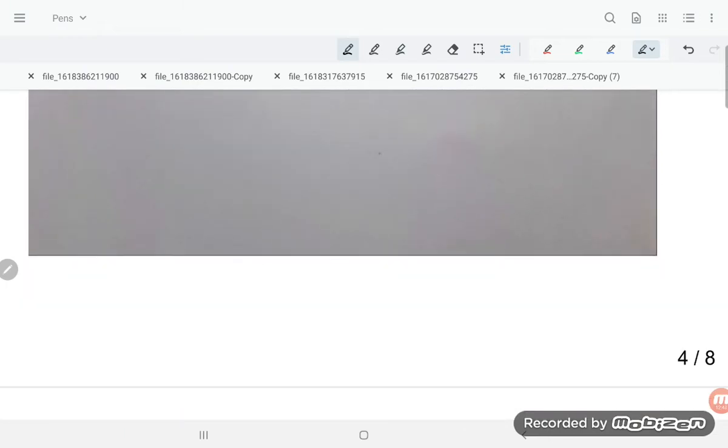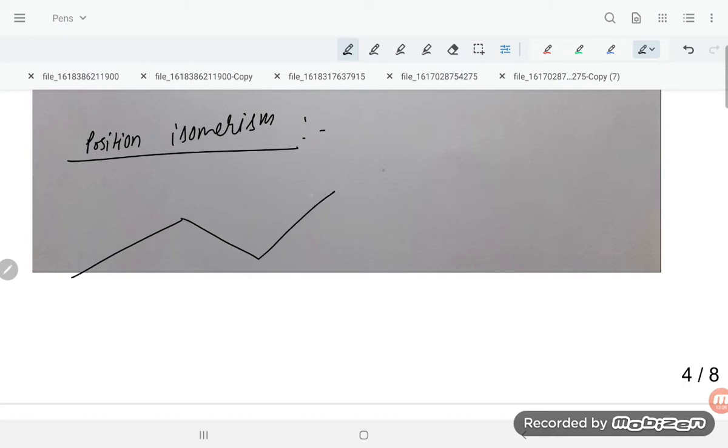Now the next point is position isomerism. Next we are going to understand position isomerism. How can you understand position isomerism, dear students? Let's have a look at it. The position of the triple bond may change in this category. Suppose the triple bond is here; it is possible that the location of the triple bond can be changed.